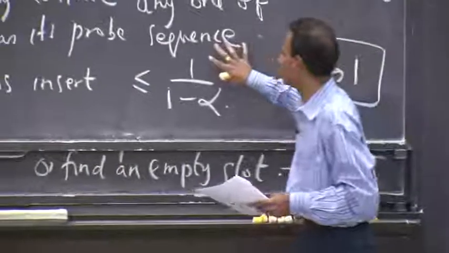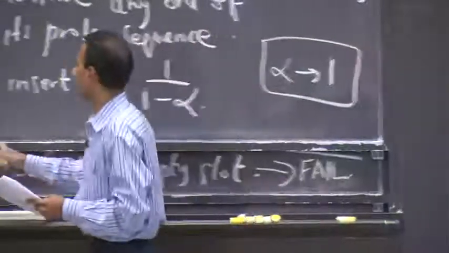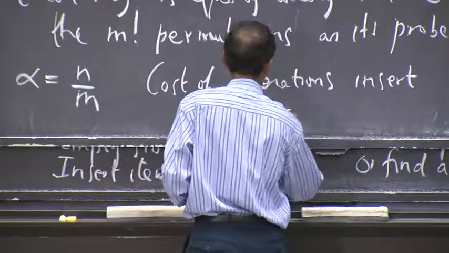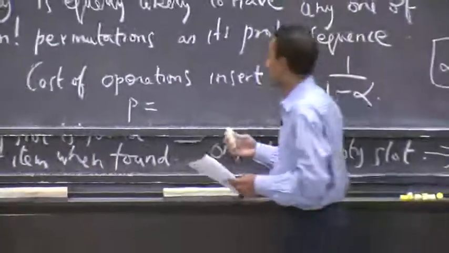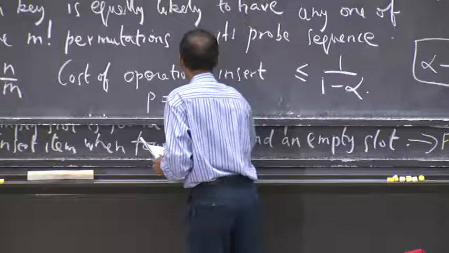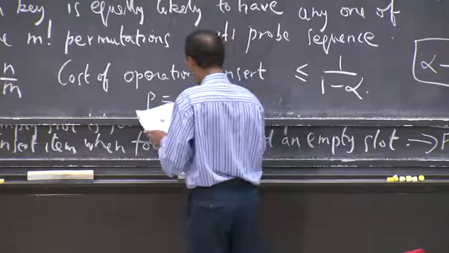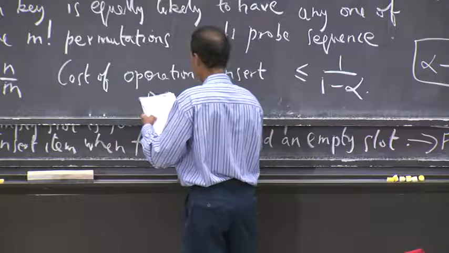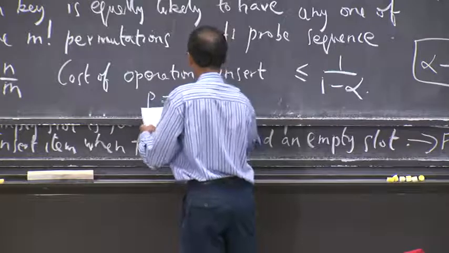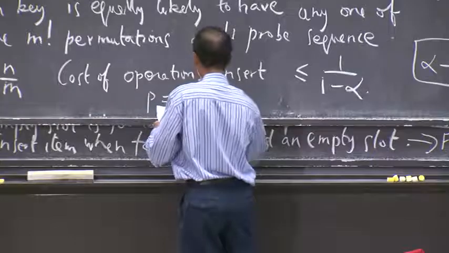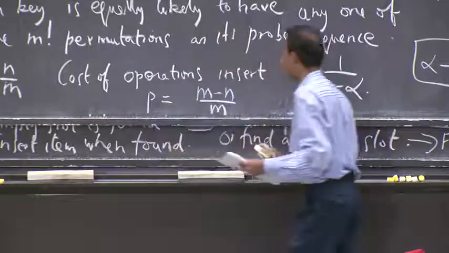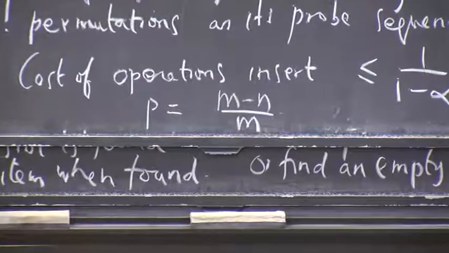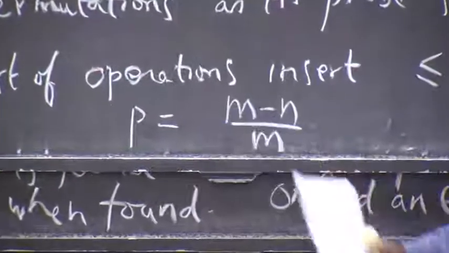Basically, the intuition behind the proof is that we're going to assume some probability p, and initially you're going to say something like, if the table, your p, I'll just write this out here, is m minus n divided by m. Okay, so what is that? Right now I have n elements in the table and I have m slots.